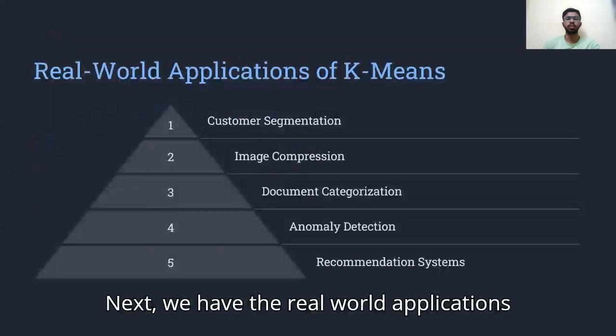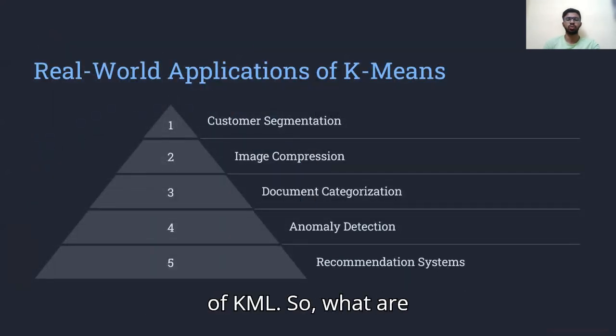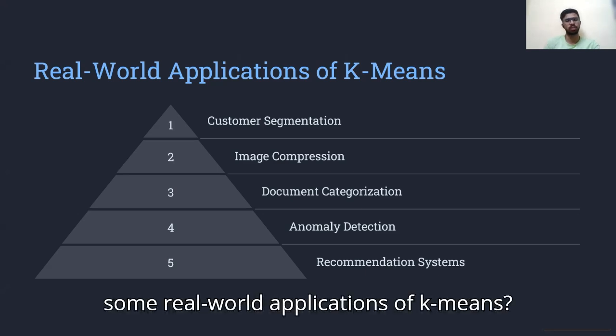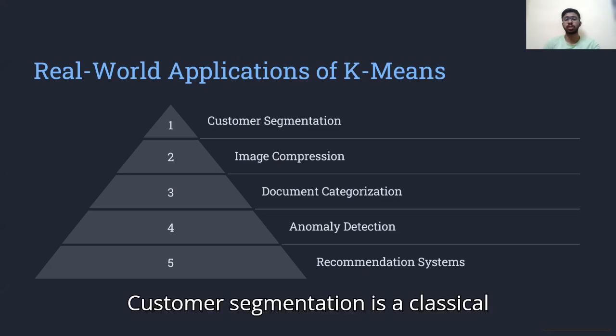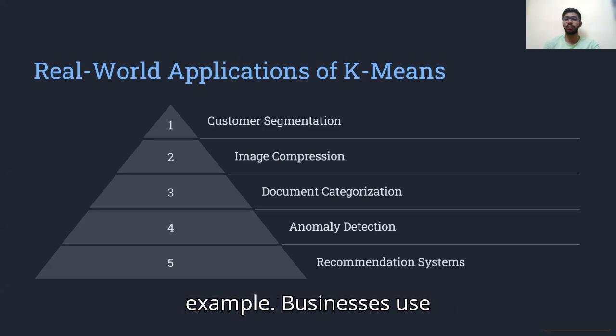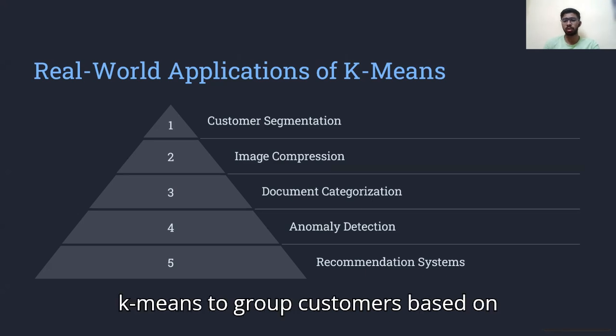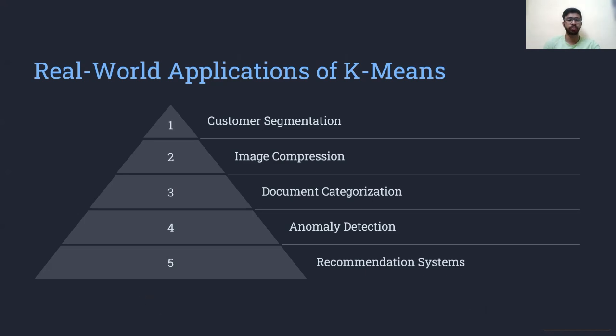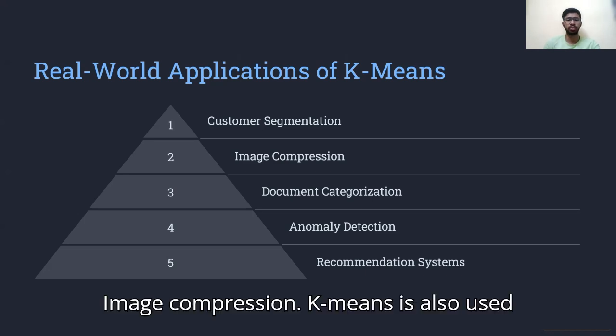Next, we have the real-world applications of k-means. So, what are the real-world applications of k-means? Customer segmentation is a classic example. Businesses use k-means to group customers based on buying behavior or demographics. Image compression.